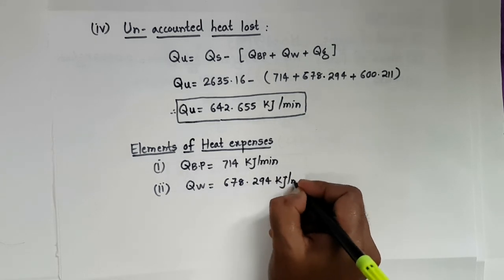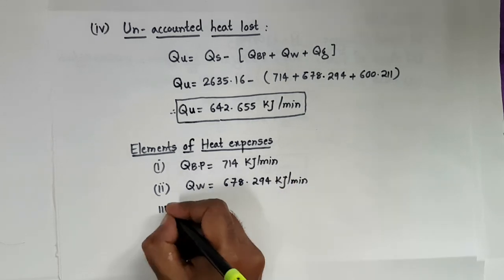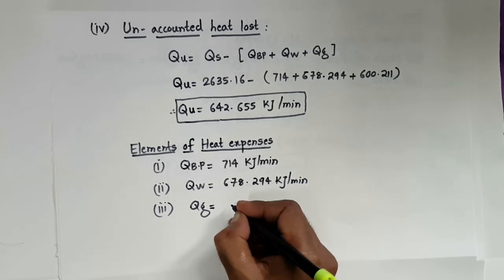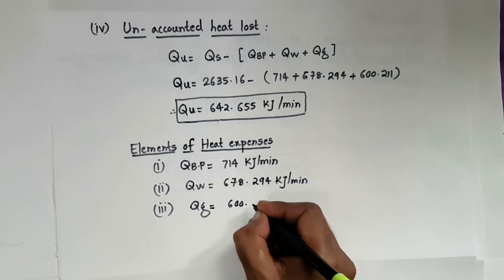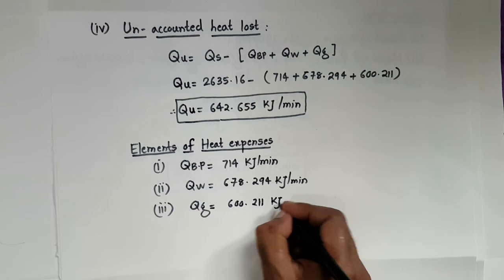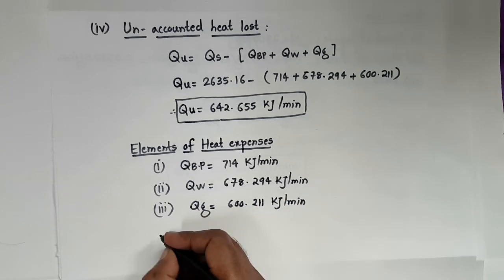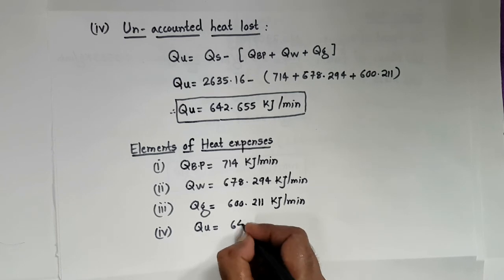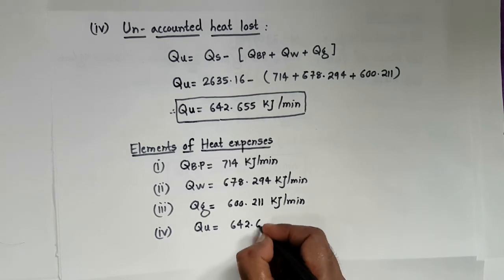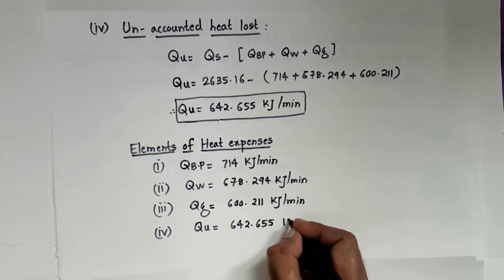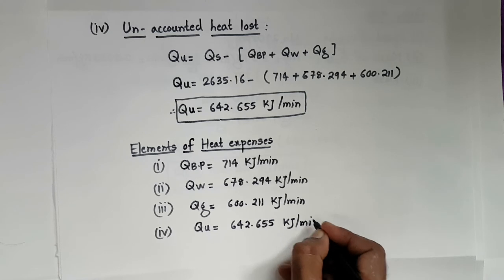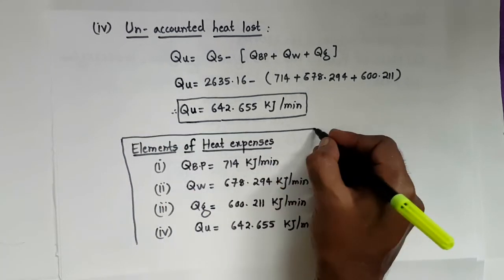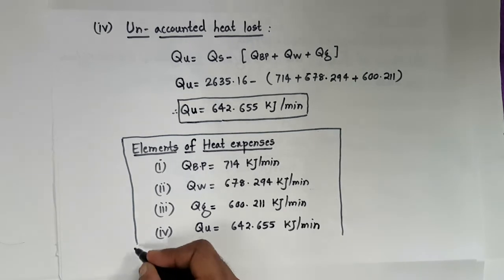Then we have exhaust gases loss, Qg is equal to 600.211. And last is unaccounted heat losses, which we have as 642.655 kilojoule per minute. In this way we have determined all these expenses.